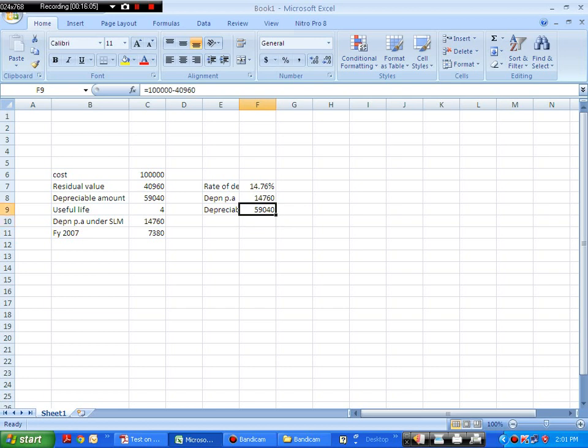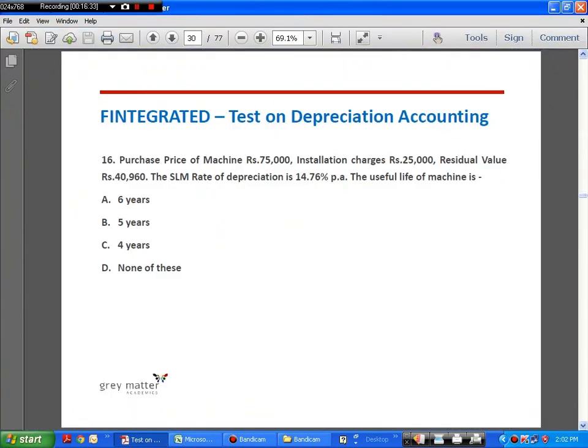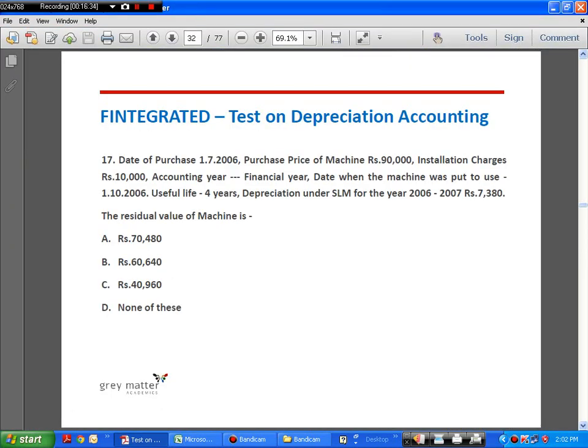So for 59,040, if we write off 14,760 every year, in how many years will this become zero? It will be depreciable amount divided by depreciation per annum is the useful life. Okay, so answer is 4 years. Next.